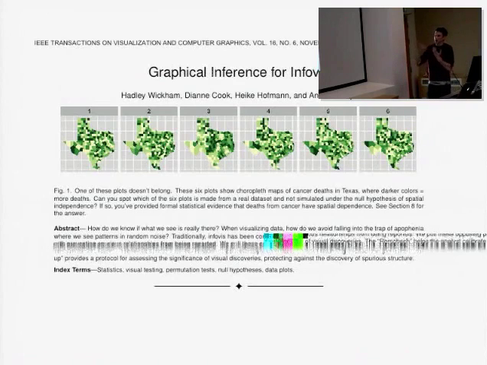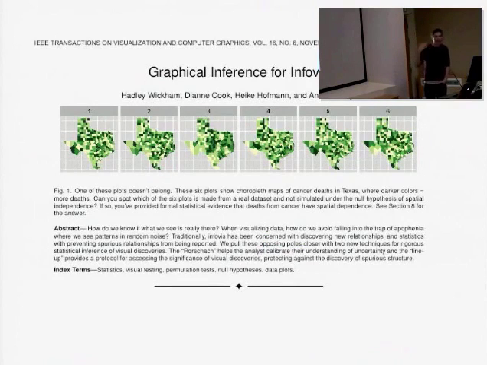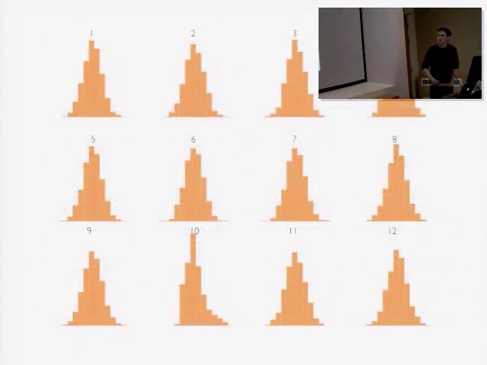So salient features can get in the way of things. We can make claims very easily based on visual patterns, but we're not sure how likely those outcomes are to be. One way of dealing with that is a technique called graphical inference, where we use some of the theory around null hypothesis testing and apply it to graphics.